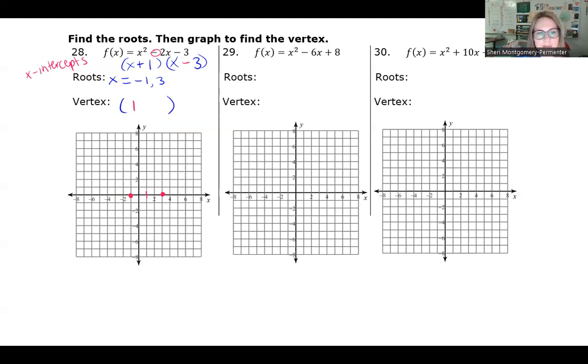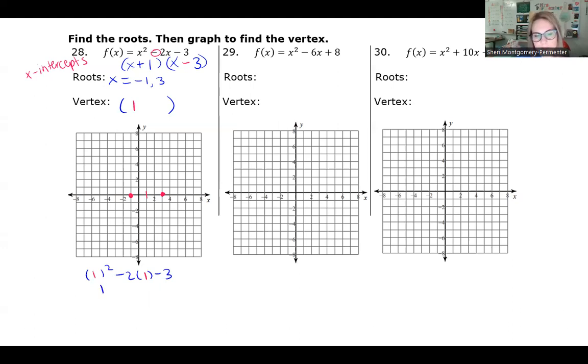So I'm going to take that and plug it into the equation. I'm going to leave myself a little blank. There's a tiny little space underneath your graphs that you can do this. I have x squared minus 2x minus 3. I have to take that x value that I just figured was halfway and plug it in. 1 squared is just 1 times 1.